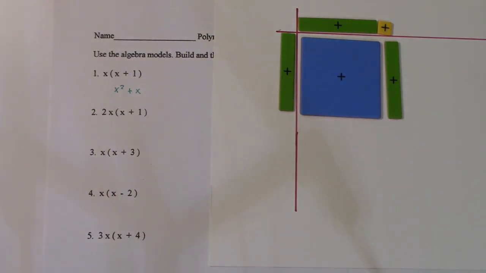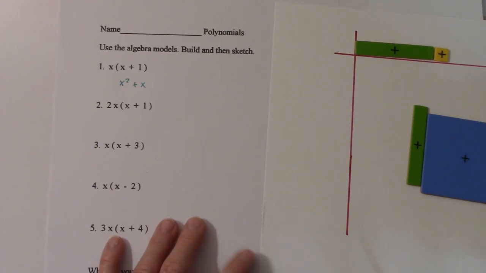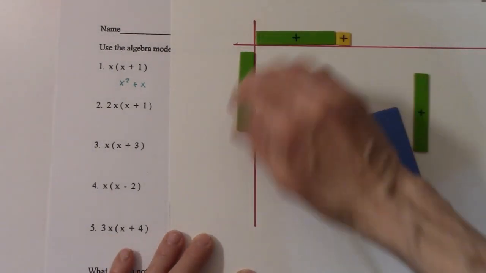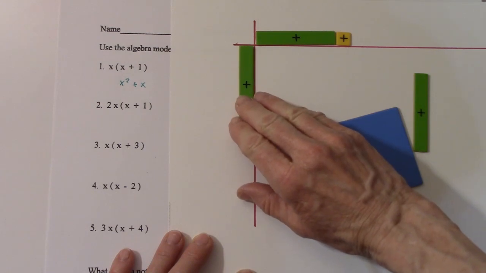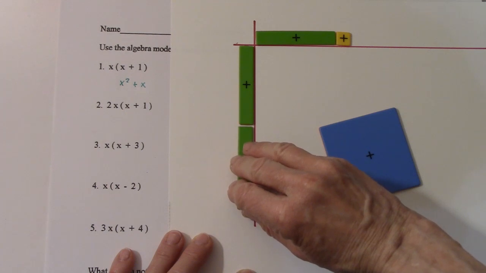Okay, for the next example, I have 2x times x plus 1. So I have my x plus 1, and I'm going to multiply it times 2x, which means I'm going to have 2 of my x values.